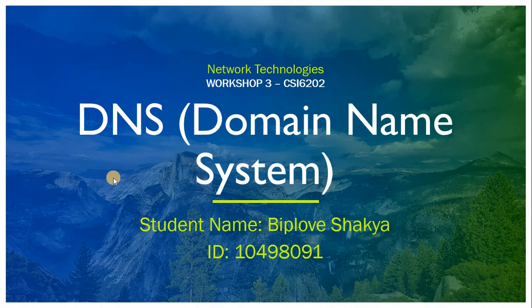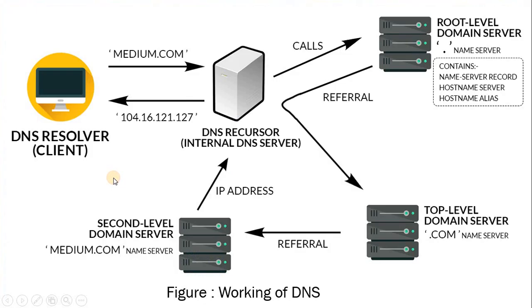So I'm going to talk about the working. There is a DNS client, which requests the medium.com web service. It goes to the DNS resolver with the internal DNS server, where it looks whether the medium.com IP address is present in the cache or not.